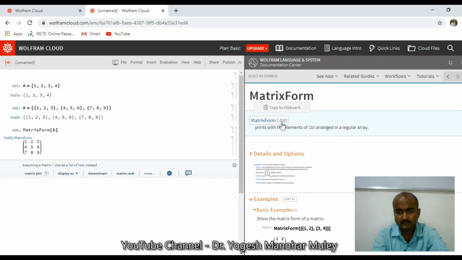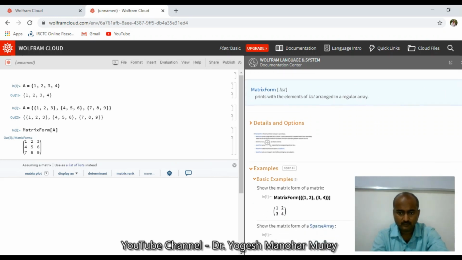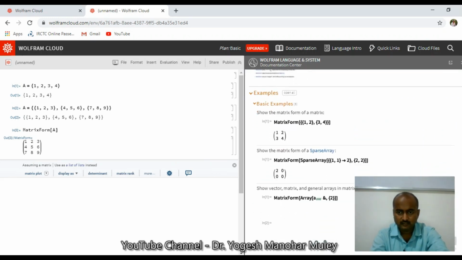Matrix in a square box. List, in the sense that we have to redefine the elements in the form of a list. So this will print the elements of the list arranged in a rectangular array.